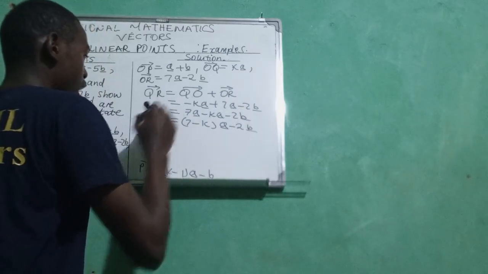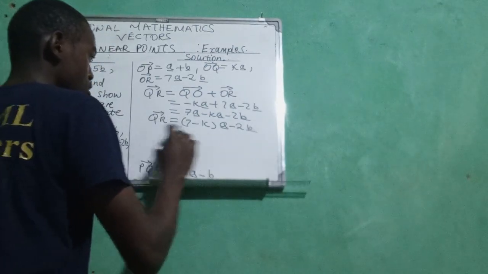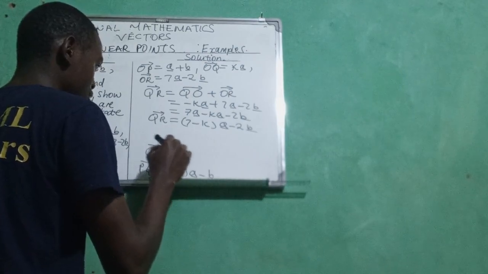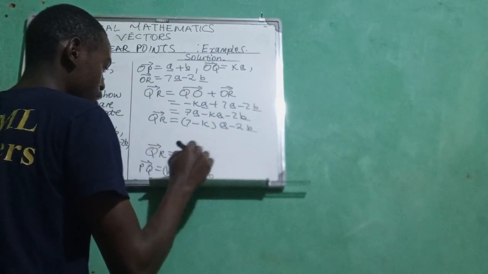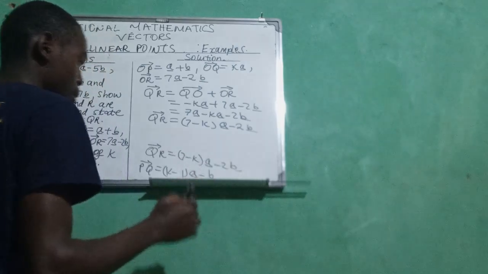So we have created another vector QR. QR is equal to 7 minus K of vector A minus 2 of vector B.